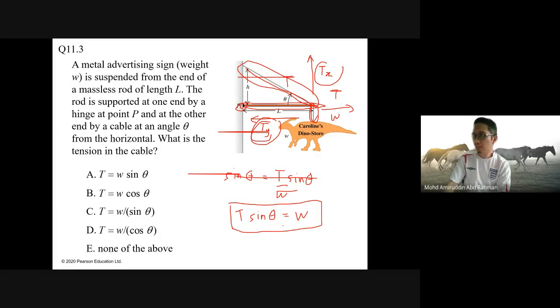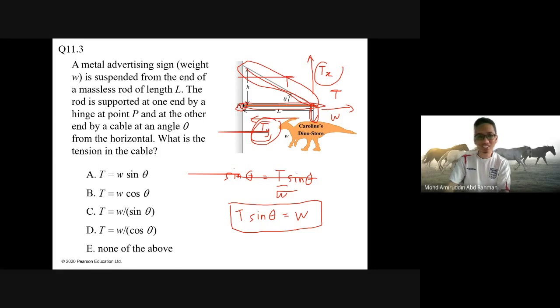Okay, according to this, which one is your answer? Again, anyone choose A? Anyone choose B? Anyone choose C? Okay, still the same person, right?